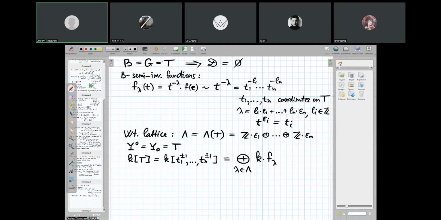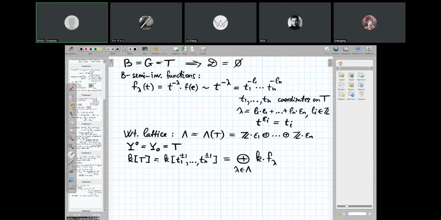Because any Laurent polynomial is just a sum of Laurent monomials, and any Laurent monomial is a character. And also all semi-invariant functions are Laurent monomials, are characters, that is, Laurent monomials up to a multiple. So we have this decomposition.